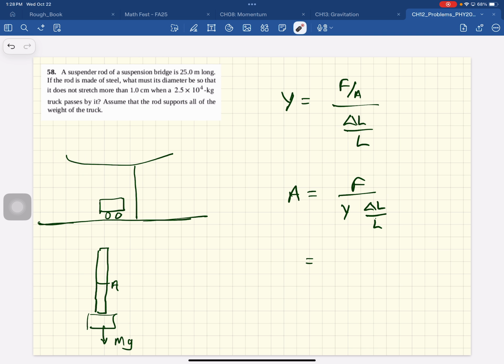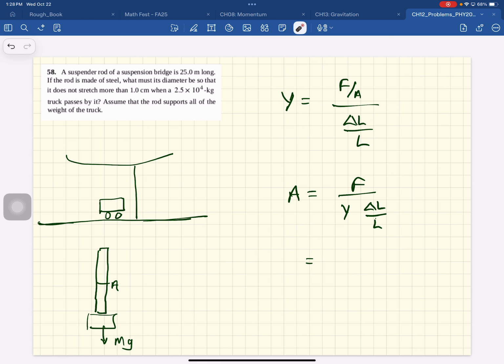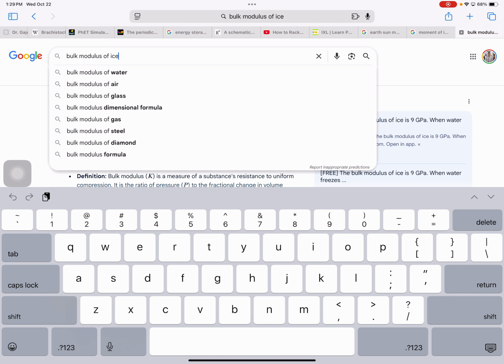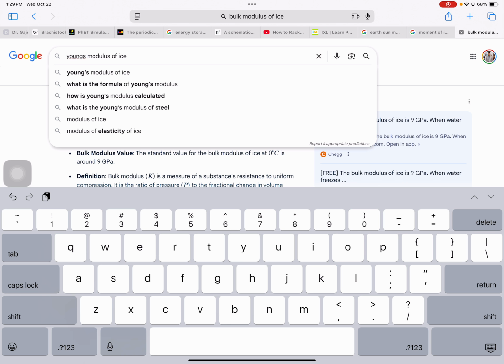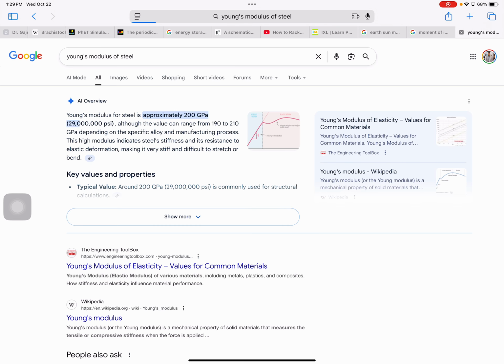I have to look up Young's modulus for steel. Okay, 200 gigapascals.